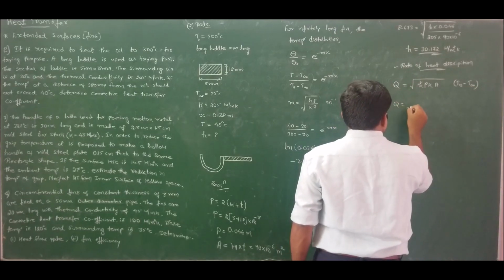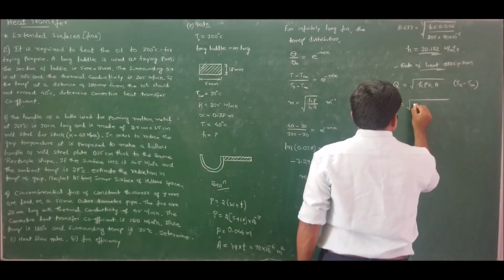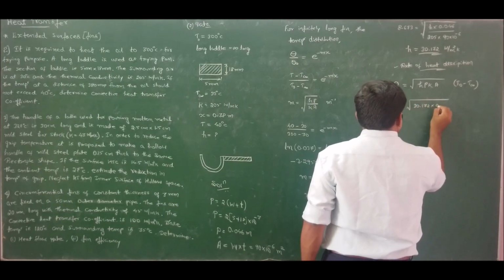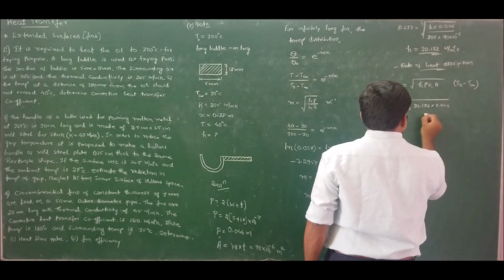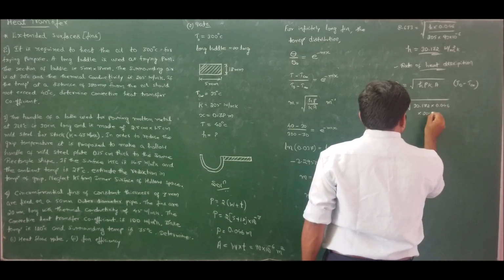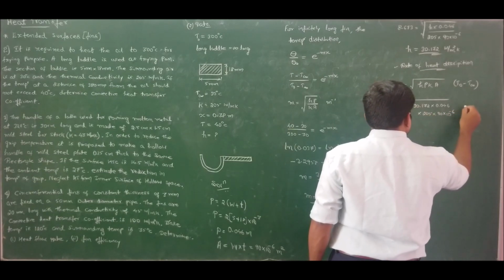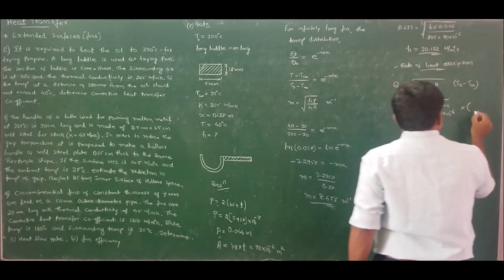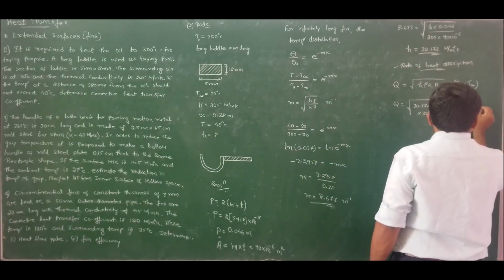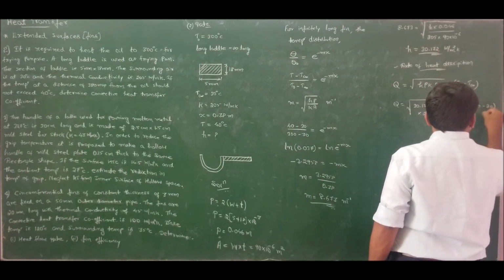So therefore Q is given by root of h, which is calculated as 30.172, perimeter is 0.046, K is 205, area is 90 times 10 to the power of minus 6, multiplied by base temperature 300, ambient temperature 30.